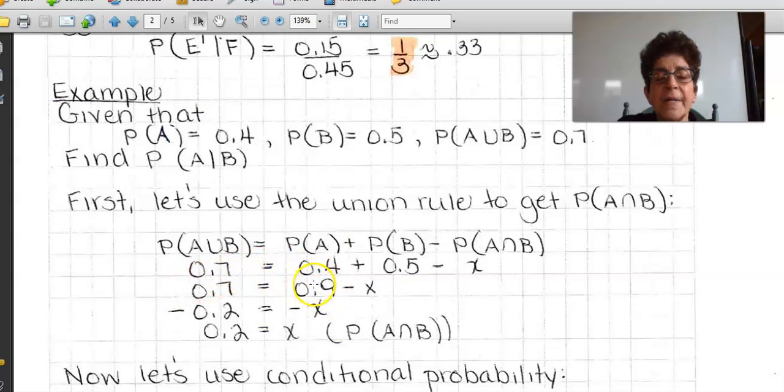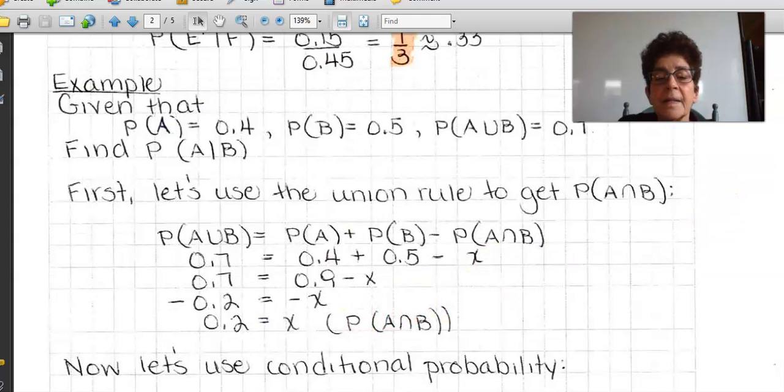Subtracting 0.9 from both sides gives me negative 0.2 over here and a negative X on the right. Dividing both sides by negative 1 says the probability of A and B occurring together is 0.2, which means, again, they're not mutually exclusive.